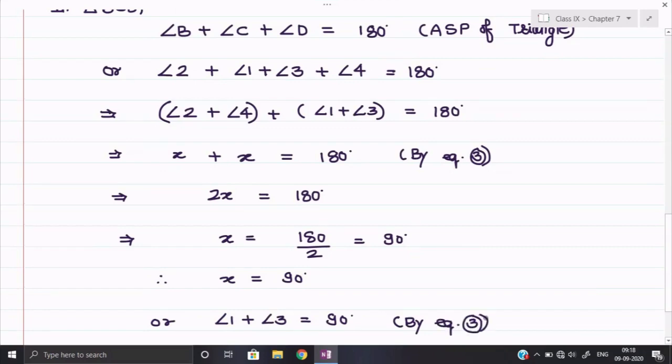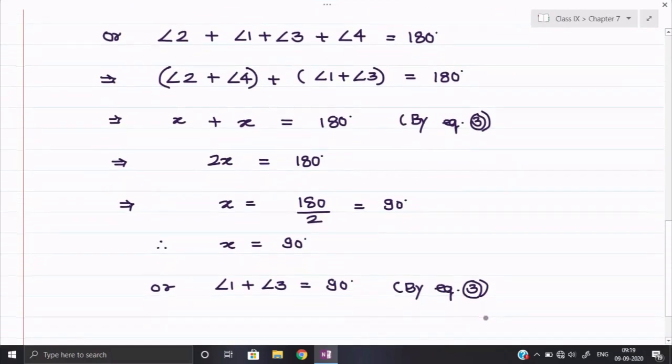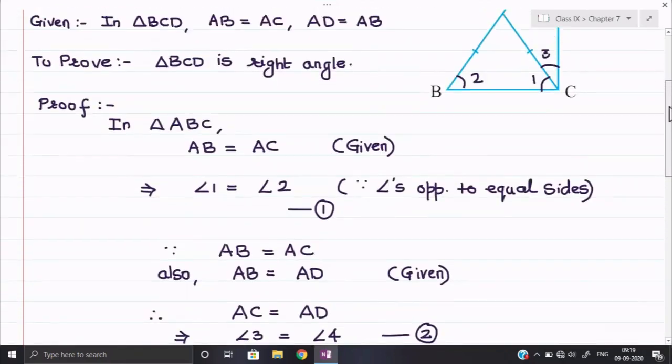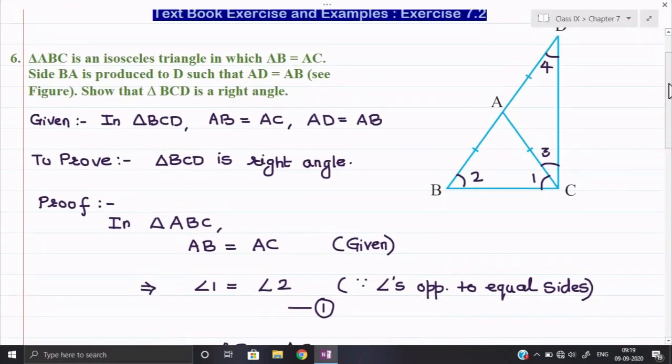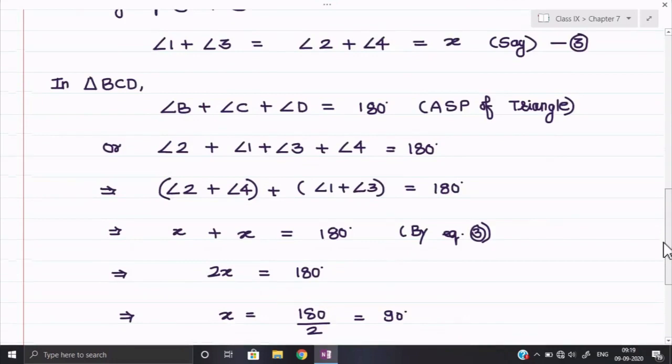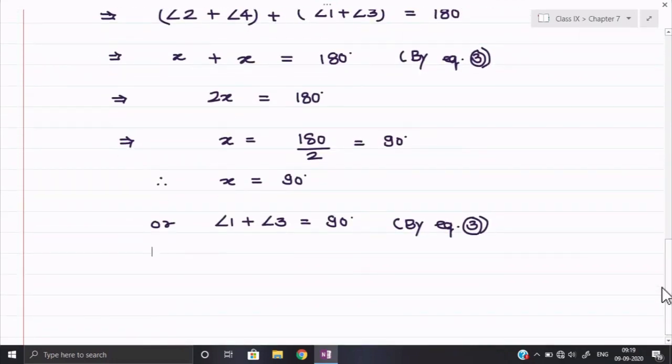Okay. Now what is 1 plus 3 actually? Again you observe, maybe you already know it, but once you see 1 plus 3, can I say that it is equal to angle C? Definitely, because 1 and 3 are parts of angle C. So here we shall replace 1 plus 3 by angle C, or angle C we will write with its proper name, angle BCD, is equal to 90 degrees.